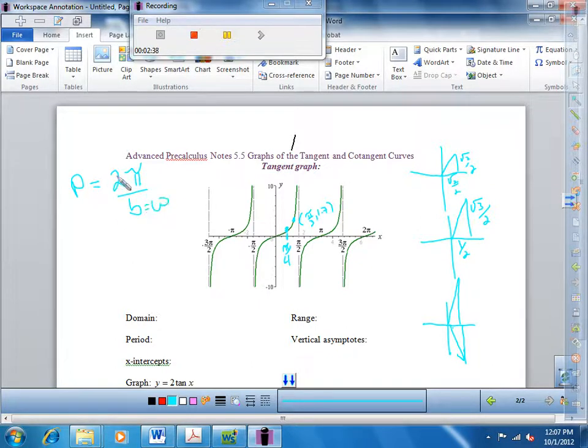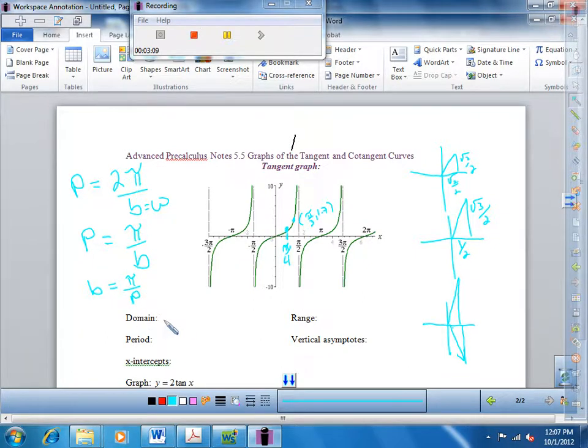For a tangent function and a cotangent function, that formula changes to period equals pi over the frequency, okay? So the 2 pi formula is for sine and cosine, and also cosecant and secant. So use this formula when you're dealing with tangent. And likewise, b is equal to pi over the period.